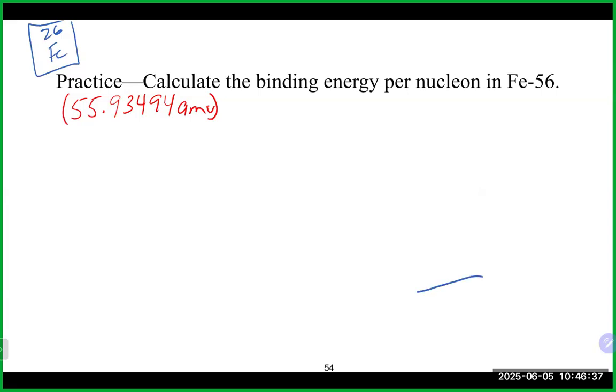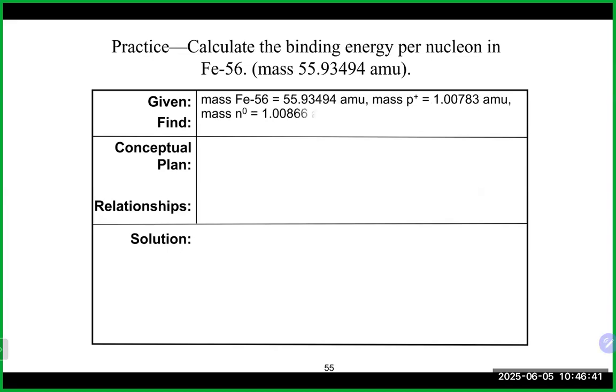Again, obviously, you can use the same masses for protons and neutrons we did in the previous one. Here we got 26 for our protons, and this is 56. So 56 minus 26 will give us 30 neutrons.